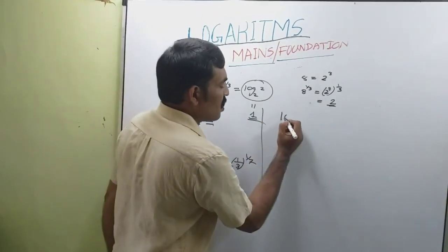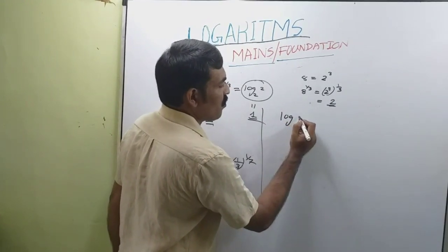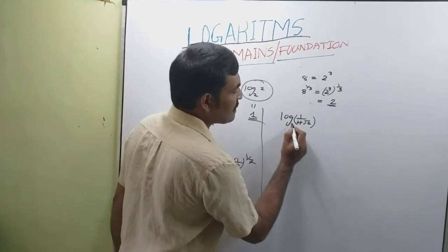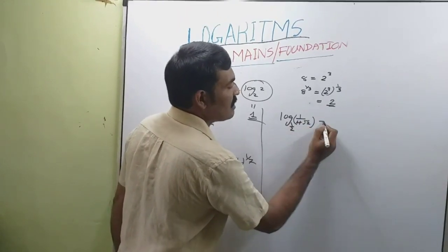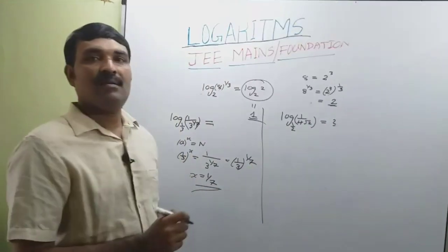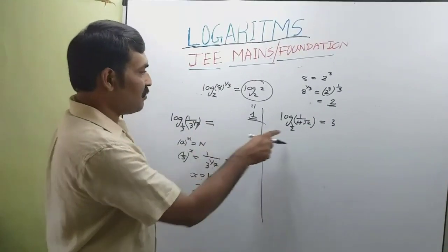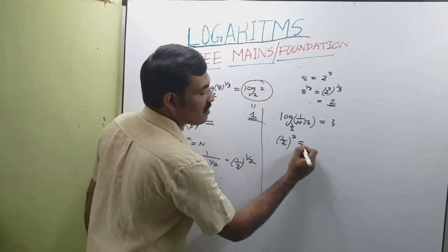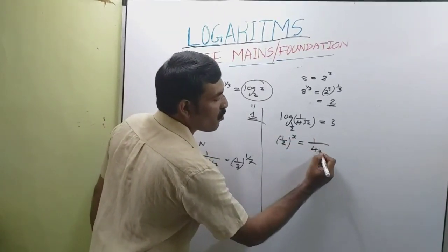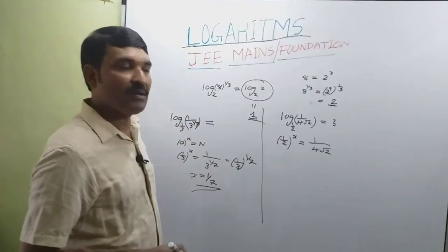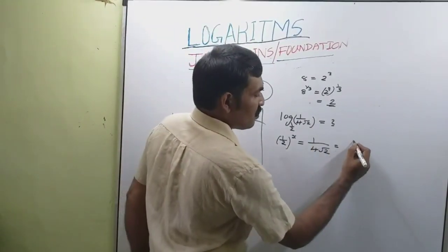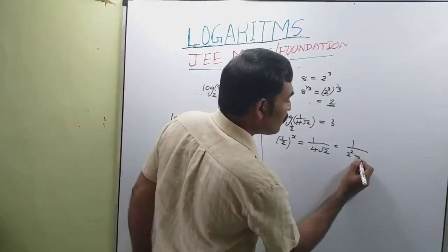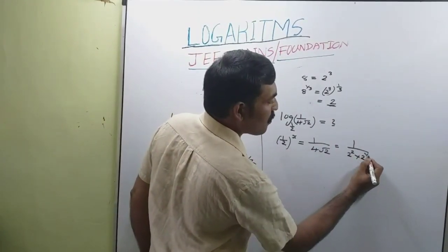Now log of 1 by 4 root 2 to the base 1 by 2 is equal to what? The base is 1 by 2, so 1 by 2 raised to x is equal to the number, that is 1 by 4 root 2. 4 can be written as 2 square, and 2 into 2 into root 2 is 2 raised to 1 by 2.